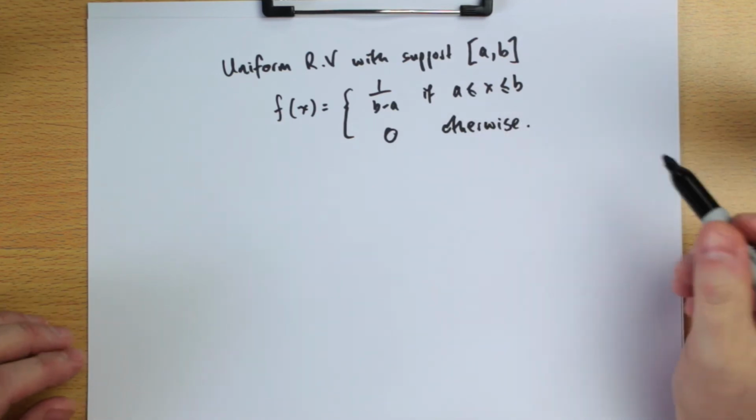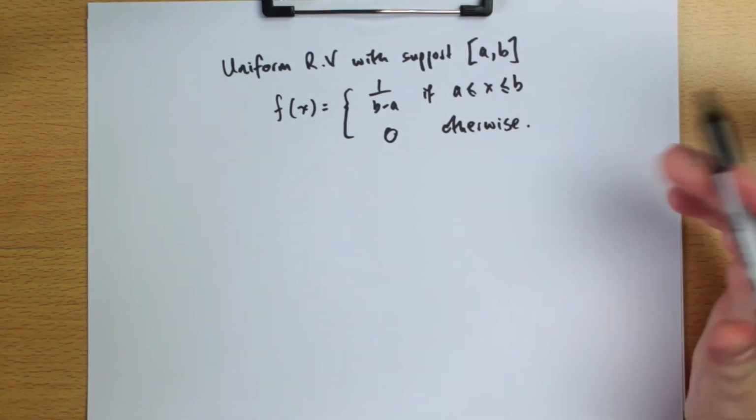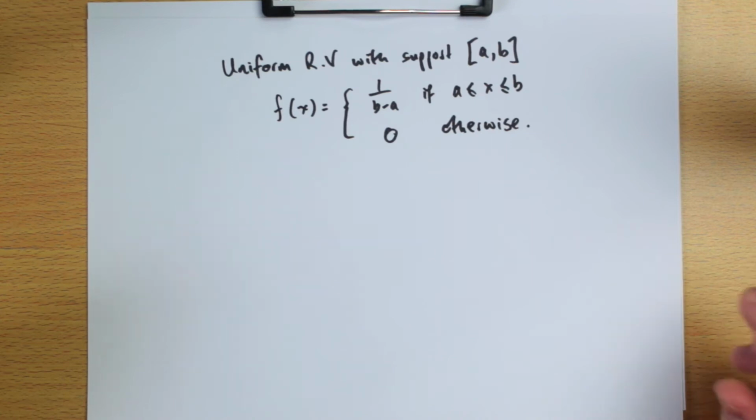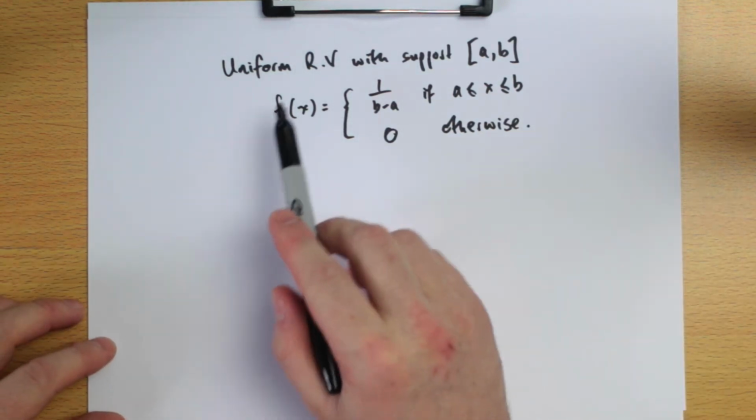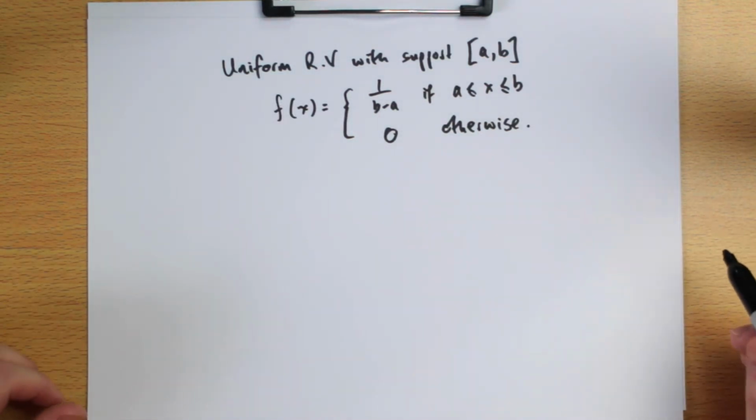Okay, so there's our density function describing the distribution of probability for this random variable.